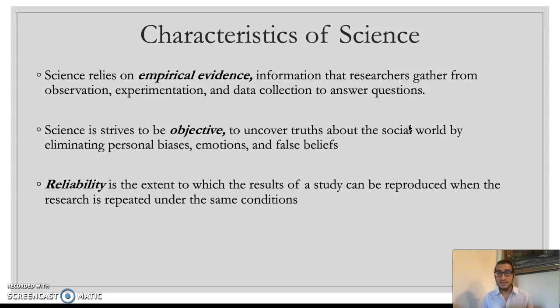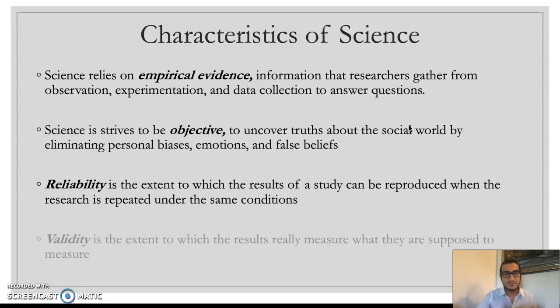And so reliability, the consistency of a research method to be able to be replicated by others, helps us test and retest the findings that we're generating to ensure that we are definitely reproducing facts and not just something that just happened by chance. And the last characteristic of science we'll talk about is validity, which is the extent to which the results really measure what they are supposed to measure.